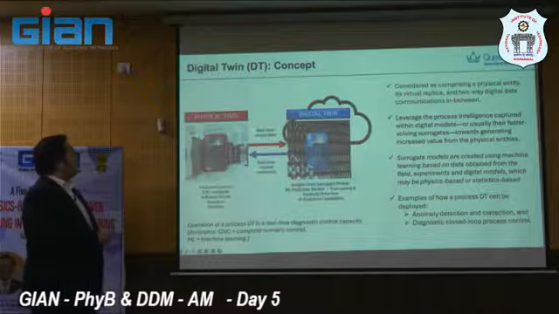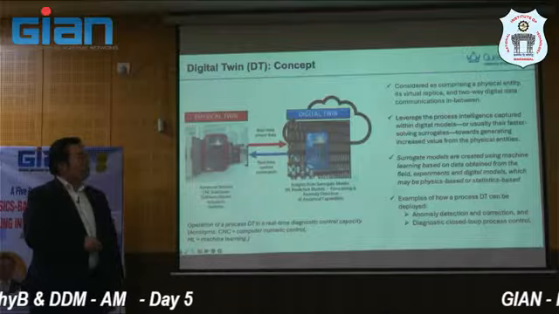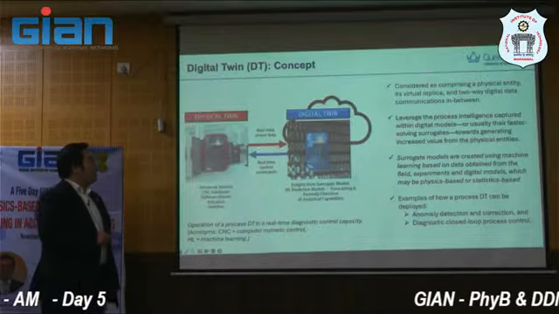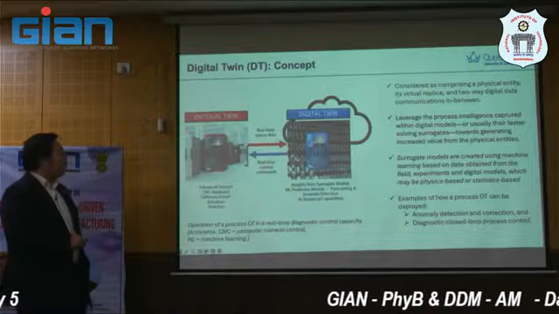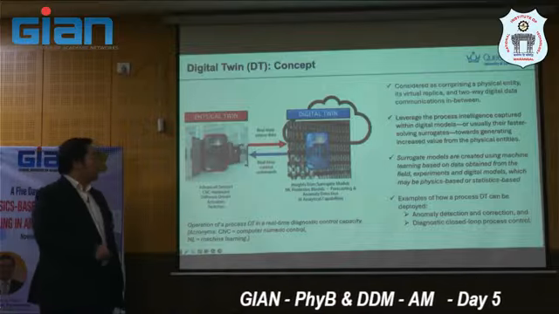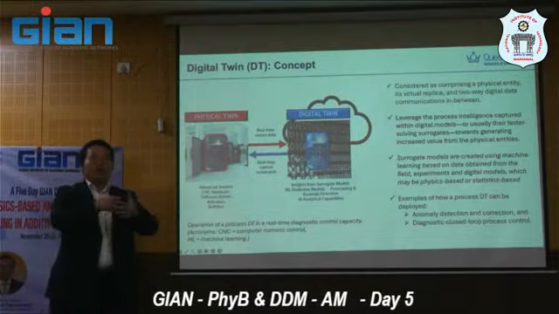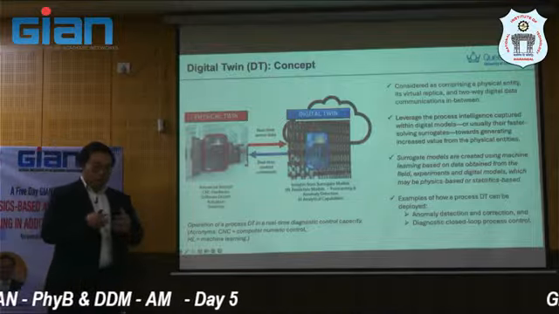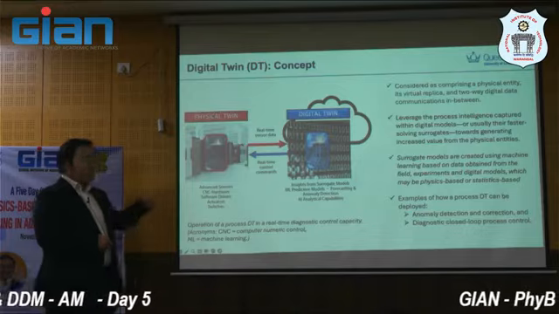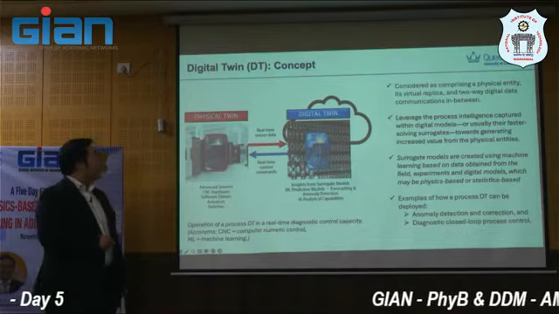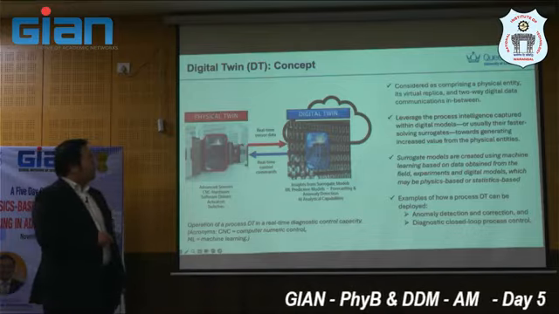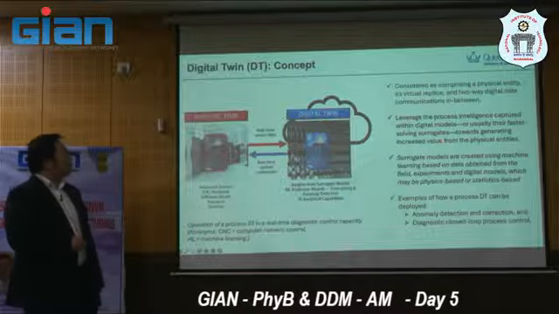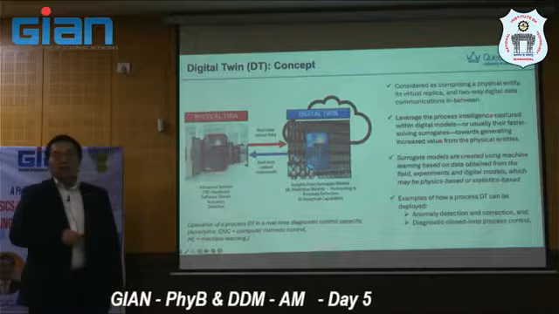digital twin actually considered as a physical entity with a virtual replica, with two-way digital data that communicate with each other. So that means the key is the communication between the physical and digital model, which has predictive capabilities that I will show you a little bit later. And it leverages this process intelligence to capture the digital model using a faster-solving surrogate.